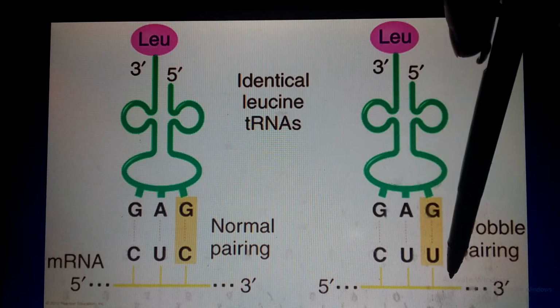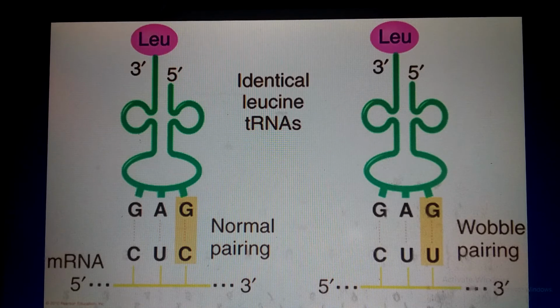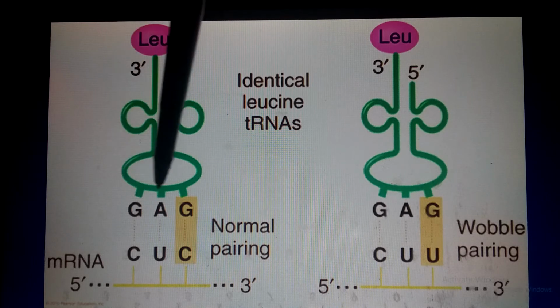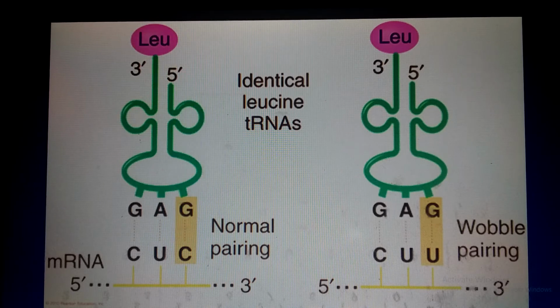Means the two codons are responsible for the same amino acid, which is explained in the codon degeneracy. So this is in the normal pairing: G is with C. But in the Wobble pairing, what will happen? The G can recognize the codon with U at the third position.